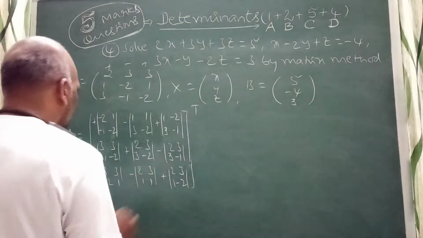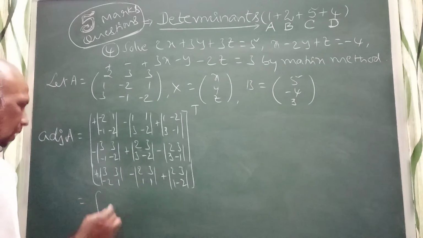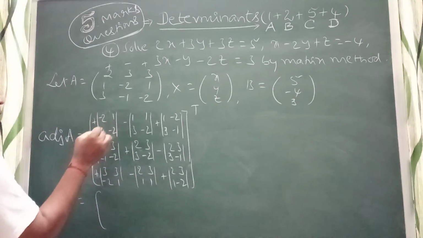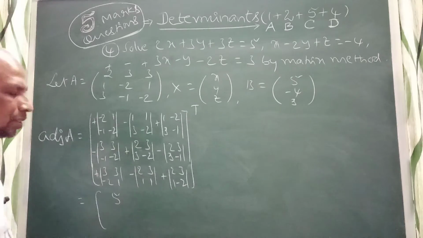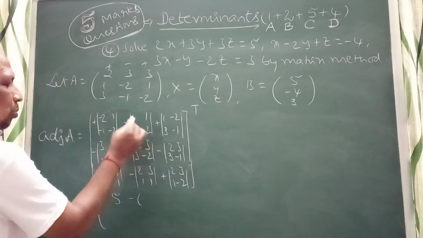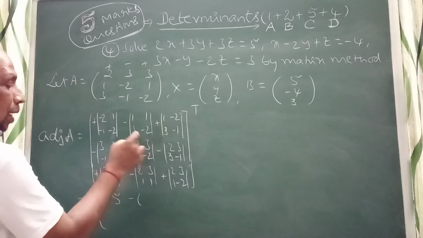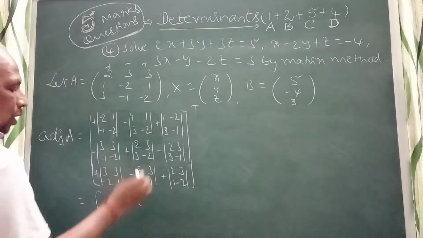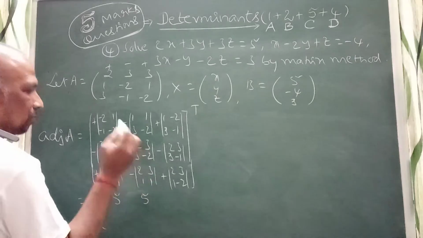When I am finding the adjoint, you can see here, I can write this into this: 4 plus 1, it will be 5, right? This one, minus of minus 2, minus 3, you get 5 again, right?